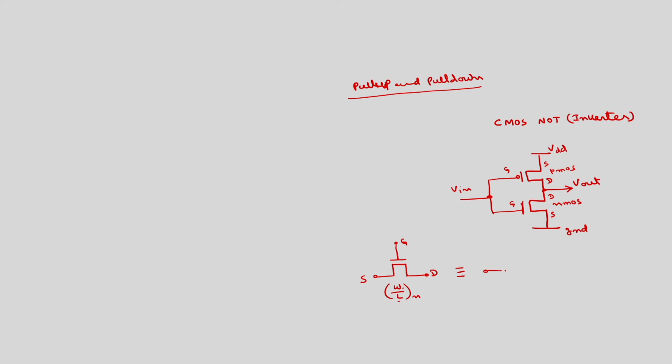This is equivalent to: source, then followed by a resistance, then there is a switch which will be controlled by gate, then drain, and here we have some capacitance, and here also you will have some capacitance.